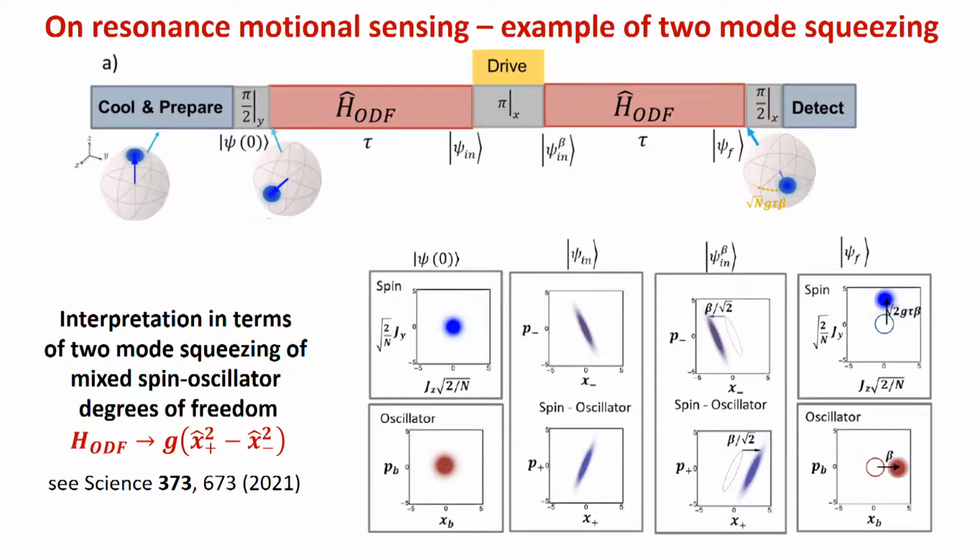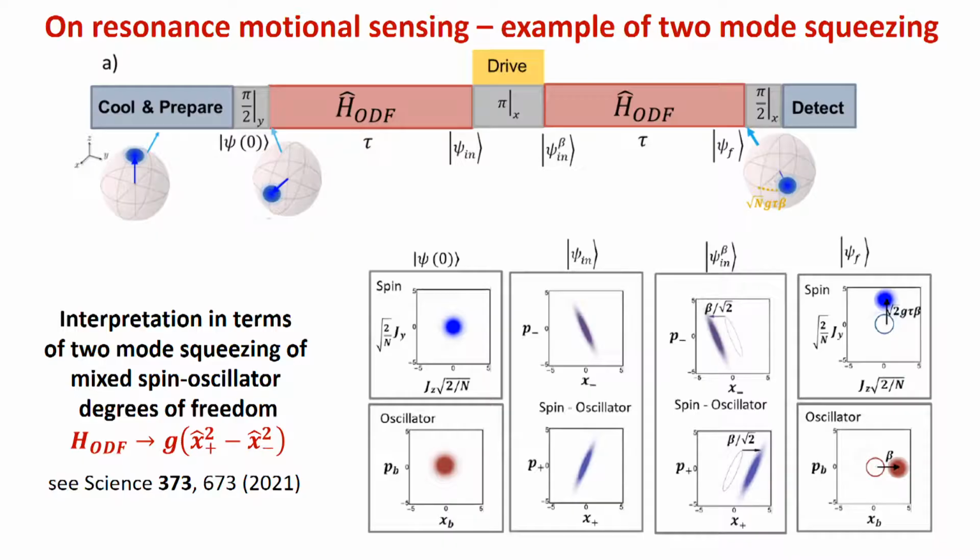This is a nice interpretation because we all know how squeezing works, so intuitively it's a very nice interpretation, but we don't know how to make a joint measurement of these mixed spin oscillator coordinates. But fortunately, time reversal undoes the spin motion entanglement, and we end up with a product state where the oscillator is displaced by some amplitude beta, and the spins undergo a precession by an angle which is proportional to beta.